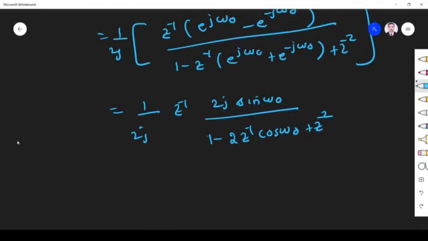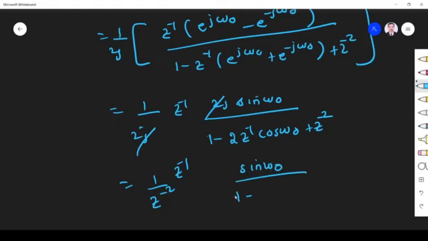So what will happen? Here you see, if I take z^(-2) outside, the 1 by 2j will be cancelled. This is z^(-2) I take outside into z^(-1) sin ω₀ divided by 1 minus.